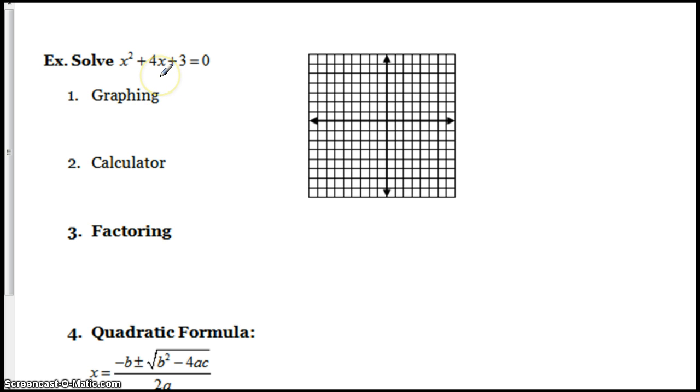So first, let's just review the graphing. Go ahead and practice the graphing, graph this equation, and plot it on our coordinate plane. So go ahead and pause the video and try that.